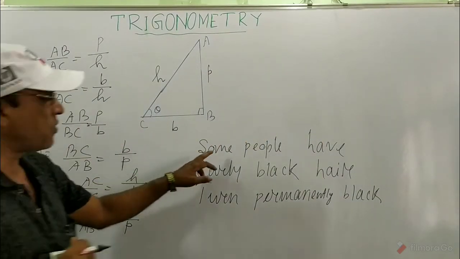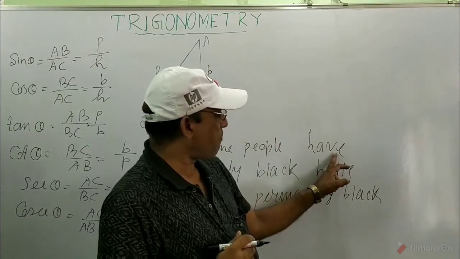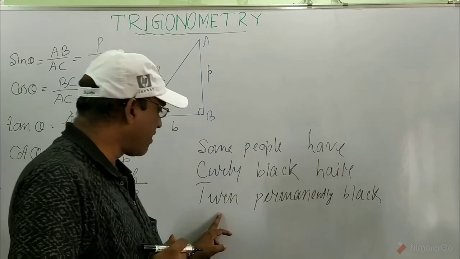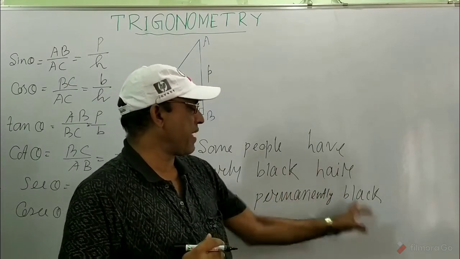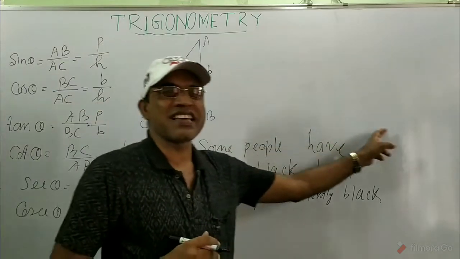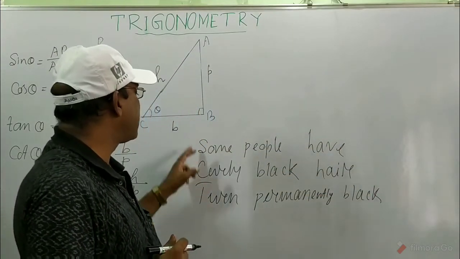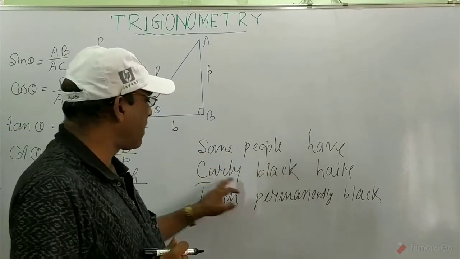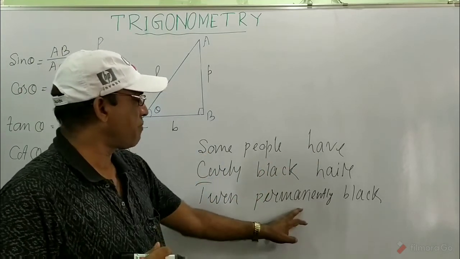So this is the rule. If we learn this sentence by heart, then we can easily write this. Some people have curly black hair turn permanently black.